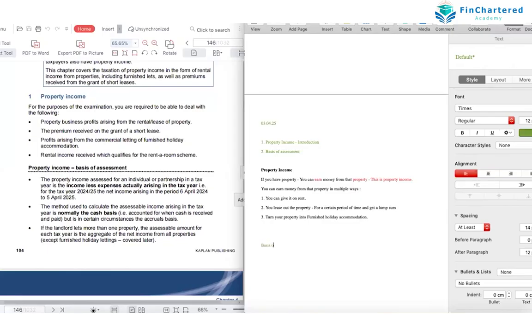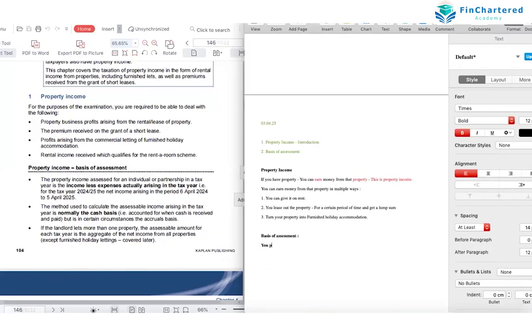in basis of assessment, what we are trying to tell you is normally, when do you pay tax on property? It is when you get the money in hand.